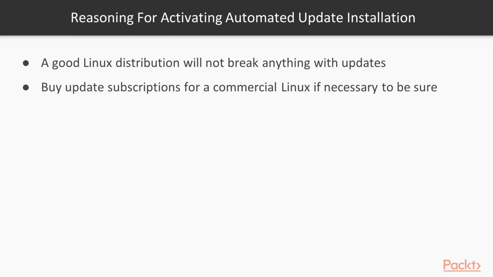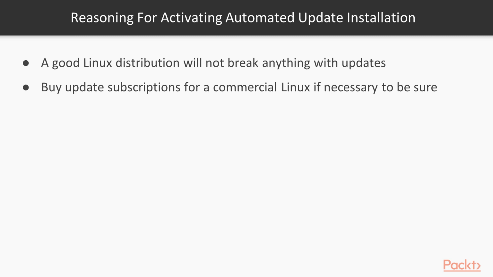I recommend activating automated update installation for 2 reasons. First, a good Linux distribution will not break anything with updates. I have been administrating Linux servers and workstations for about 20 years. In these 20 years, it has never happened to me that the servers broke just by installing an update.